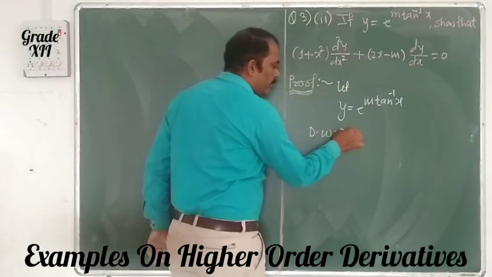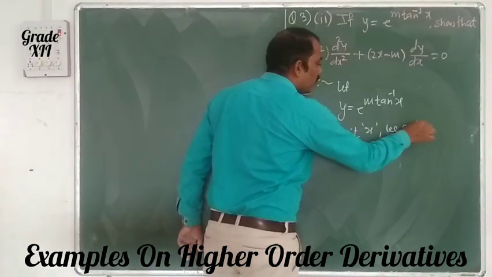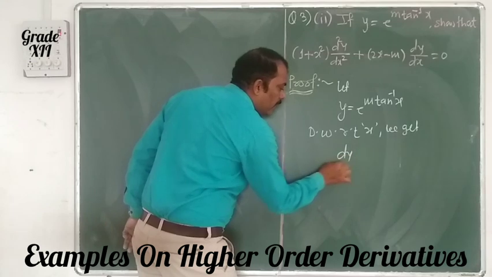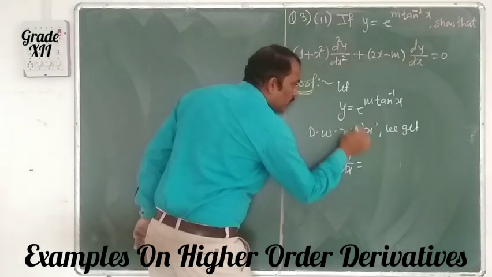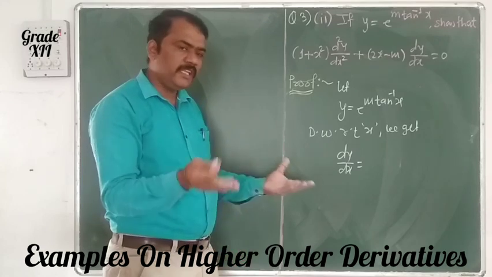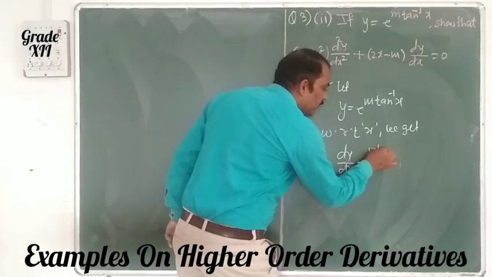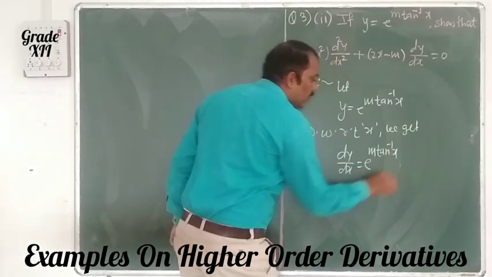Differentiating with respect to x, we get dy by dx is equal to, first we keep the finger on e. What is the derivative of e raised to x? It is e raised to x, so here it is e raised to m into tan inverse of x.